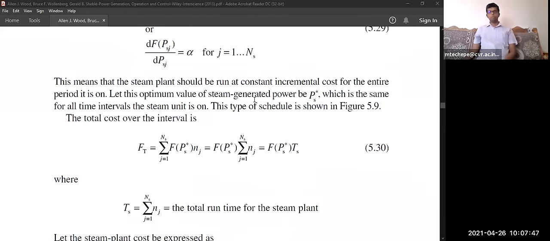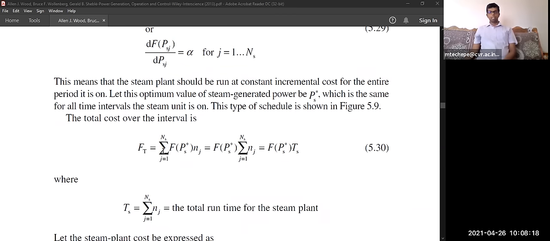The optimum value of steam power generated is PS star, which is the same for all the intervals of time where the steam unit is on. Next, this type of scheduling is shown in figure 5.9. We have already seen the total cost over the interval, that is FT, the total fuel cost.